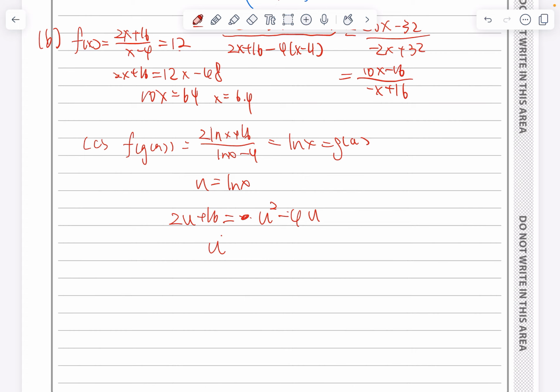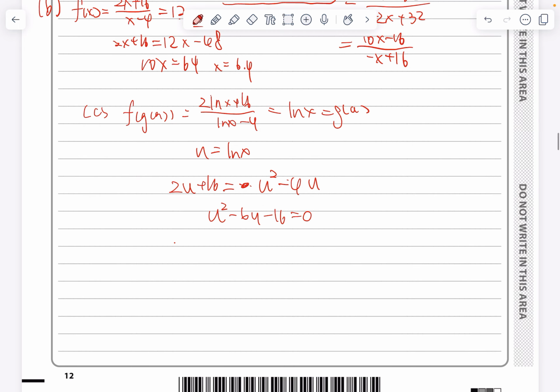Then this will be u squared minus 6u minus 16 equals 0. Now I feel wrong because this looks so ugly. (u minus 8)(u plus 2) equals 0. So ln x equals 8 or ln x equals negative 2.